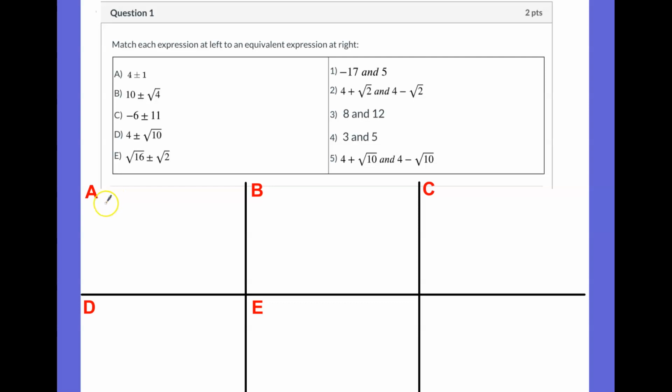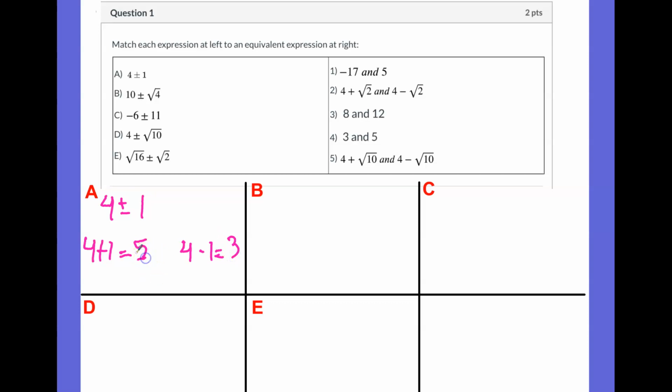For A, I have 4 plus minus 1. So that means that the 1 can be positive or negative. So 4 plus 1, 4 minus 1. 4 plus 1 is 5. 4 minus 1 is 3.